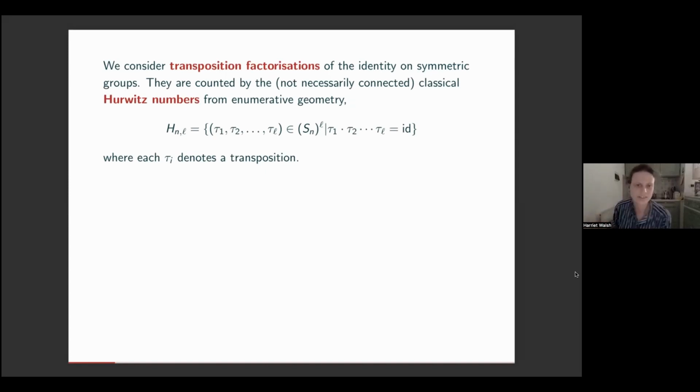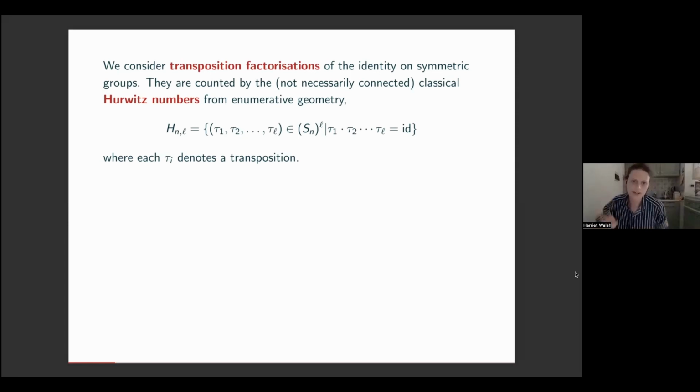And if we count the number of ways of doing this in the symmetric group of order n with L transpositions, it gives us a classical Hurwitz number, which has profound meanings in enumerative geometry. But first, we're interested in just a definition in terms of the number of transpositions.